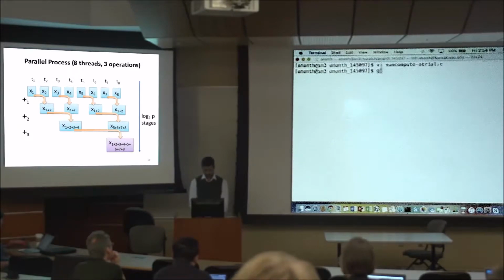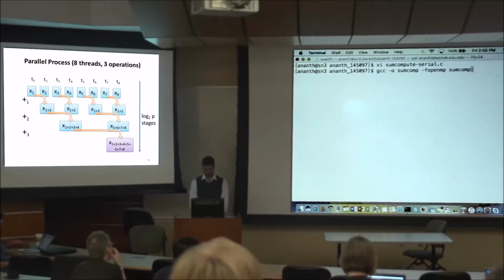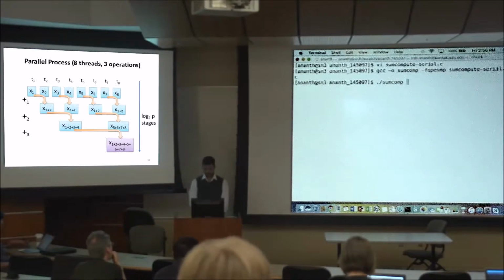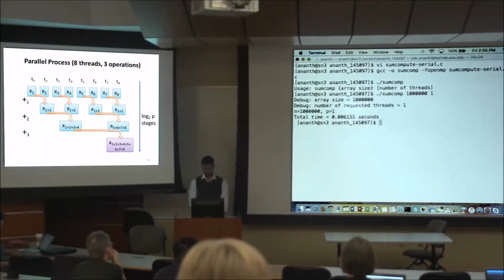So once we have done this, let's see if this code compiles. Sum comp and minus fopenmp. Okay, so now that it has compiled, let's run it. We'll just say the array size maybe a million, and let's give it one thread.